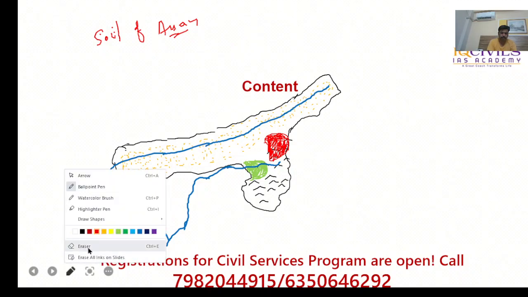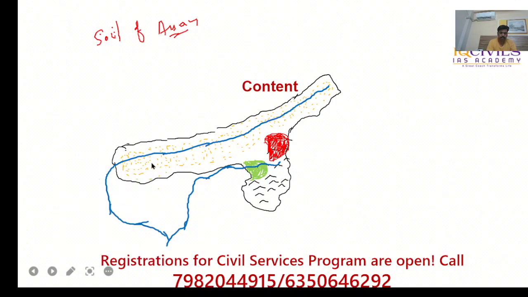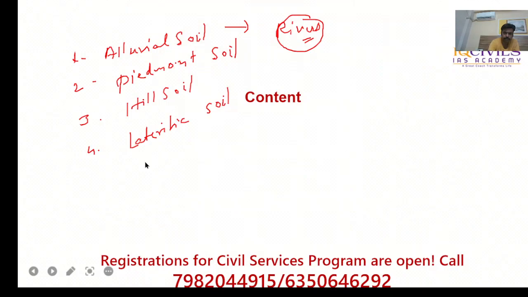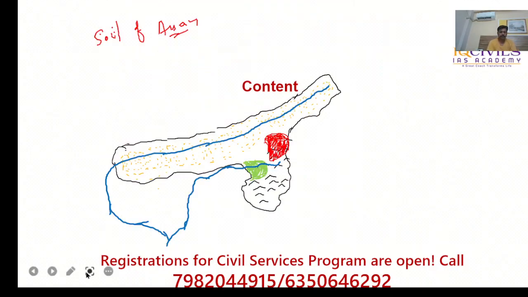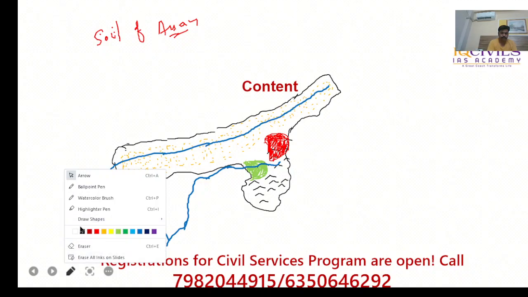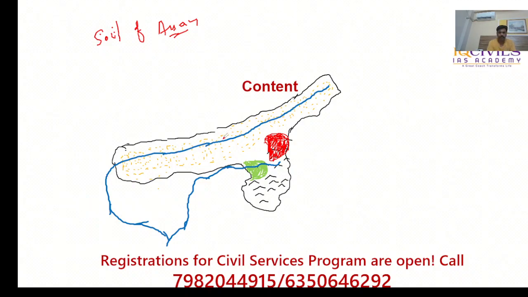On both sides of the Brahmaputra River, you can see the yellow color alluvial soil. Such soils are extensively distributed over the Brahmaputra and Barak plain.